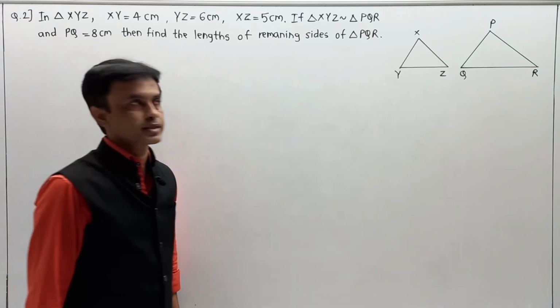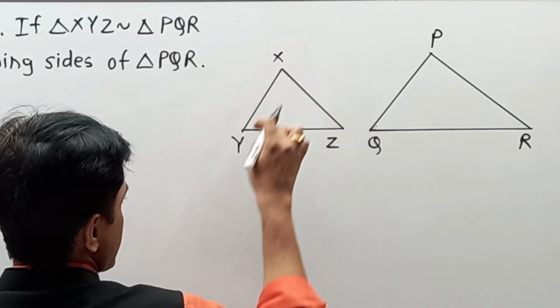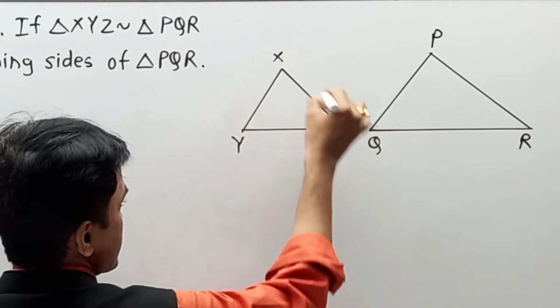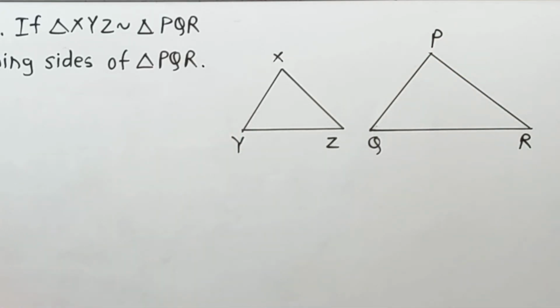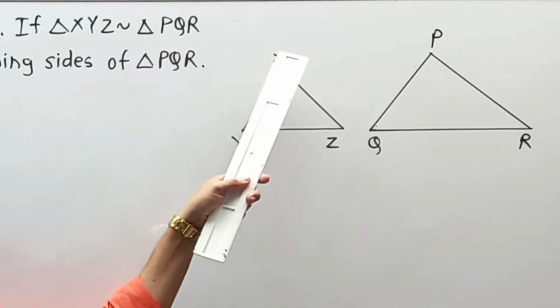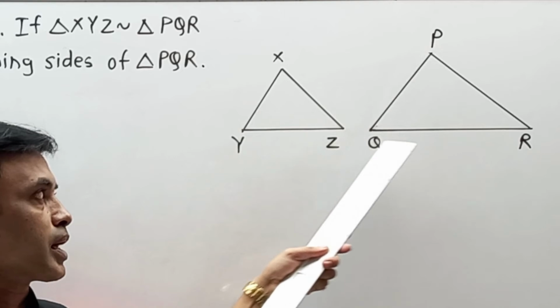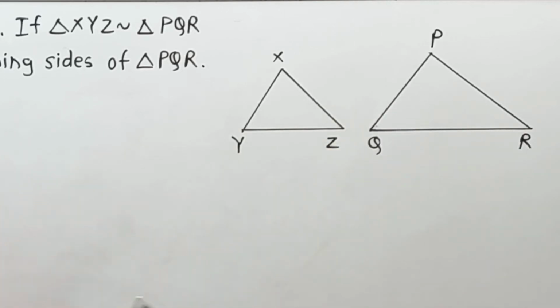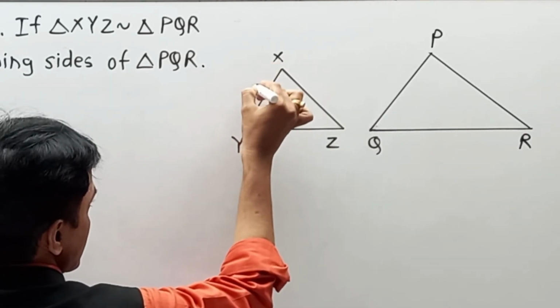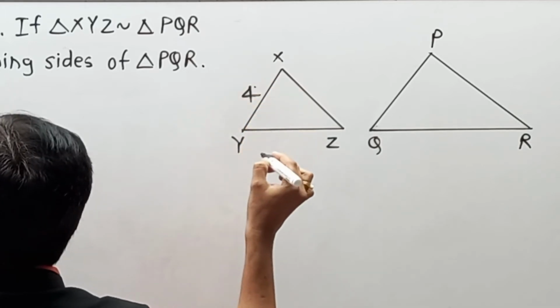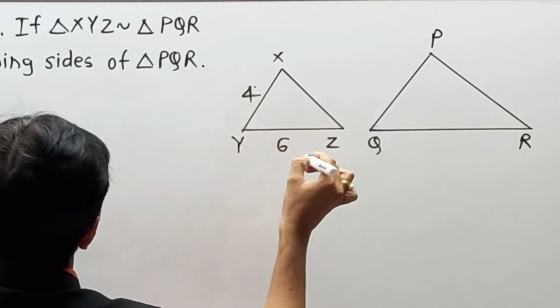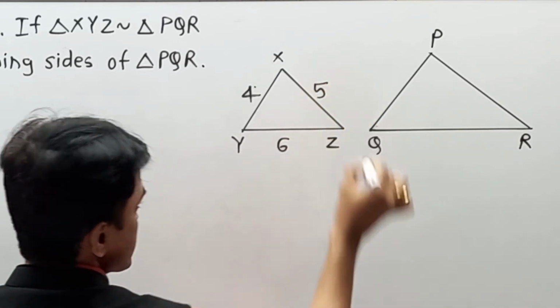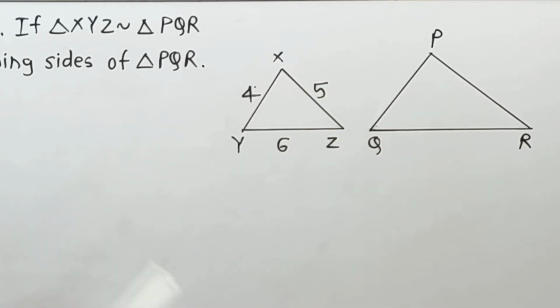In the diagram, triangle XYZ is similar to triangle PQR. As per the data, XY is 4 cm, YZ is 6 cm, and XZ is 5 cm.